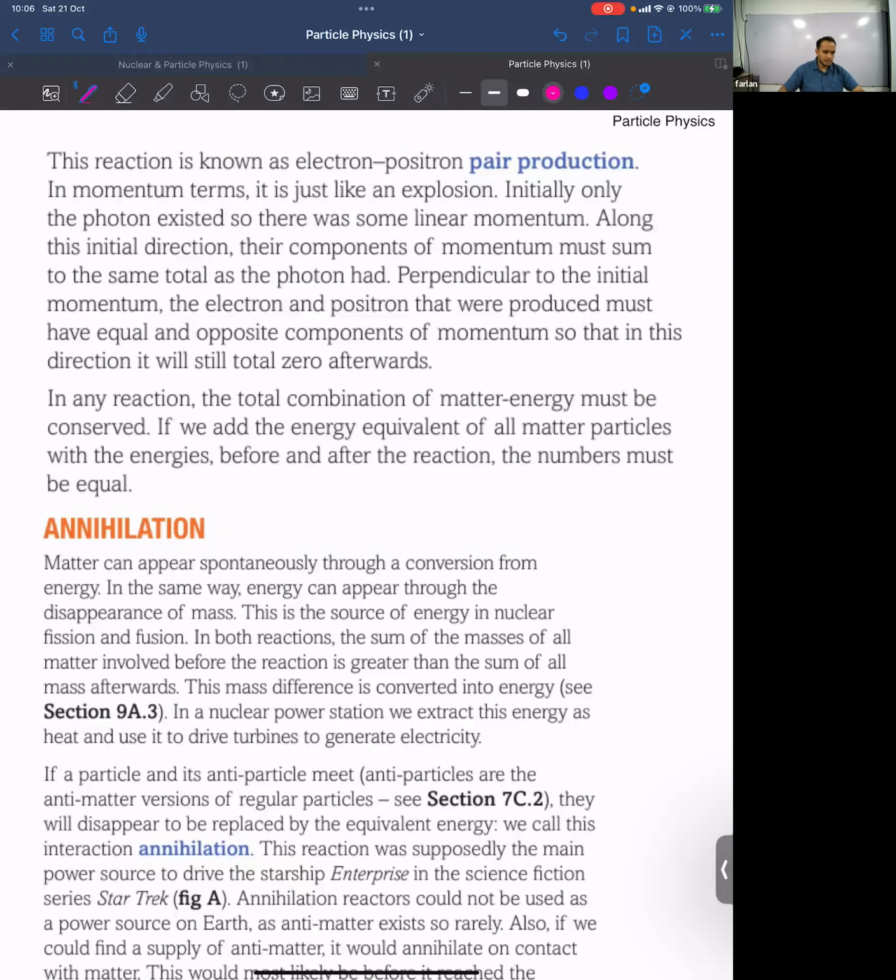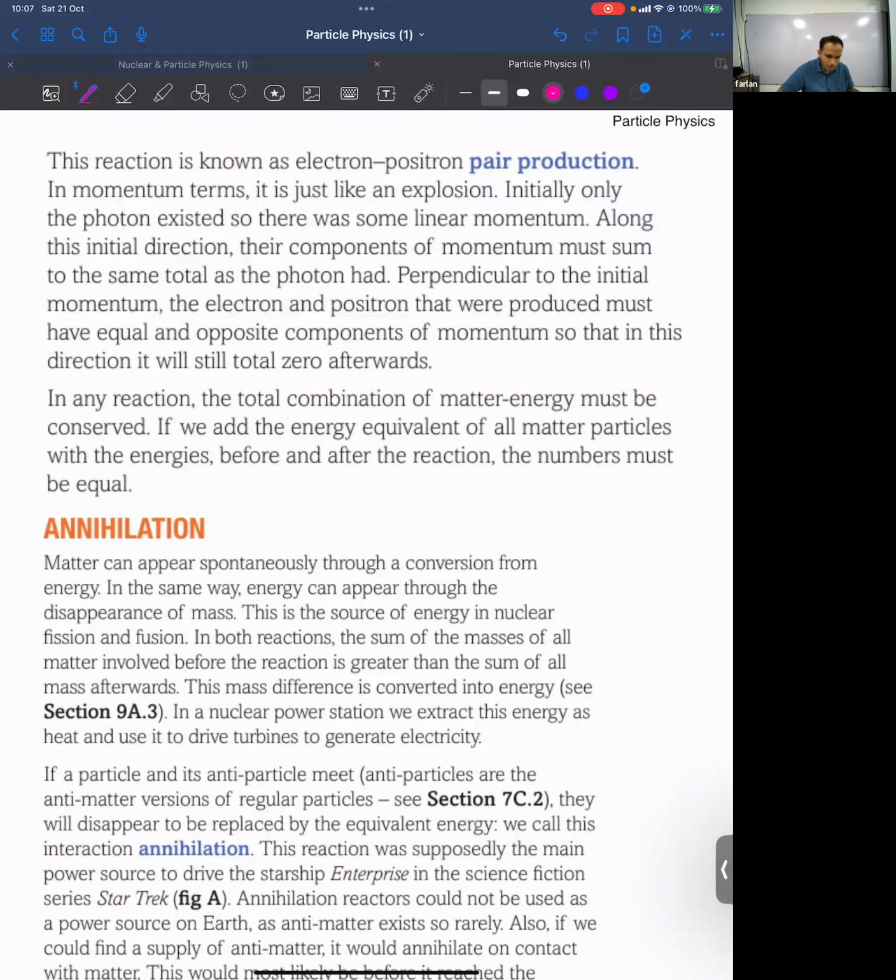Along this initial direction, the components of momentum must sum to the same total as the photon had. Perpendicular to the initial momentum, the electron and positron that were produced must have equal and opposite components of momentum, so that in this direction the total will still be 0 afterwards. So during this conversion the momentum remains conserved.